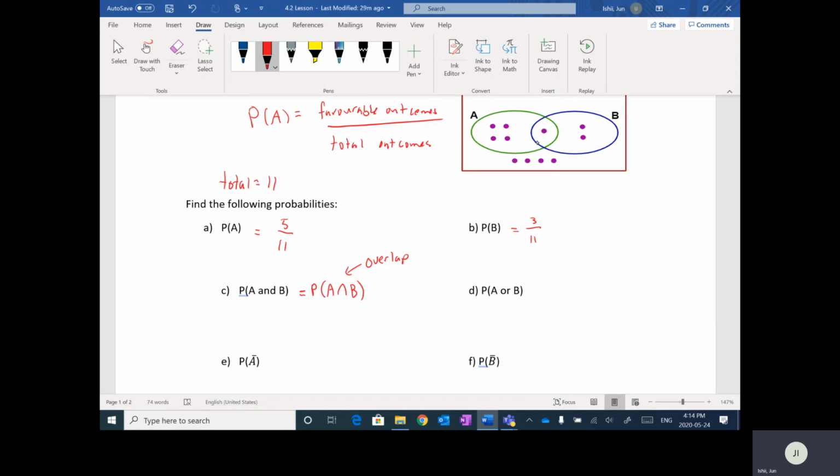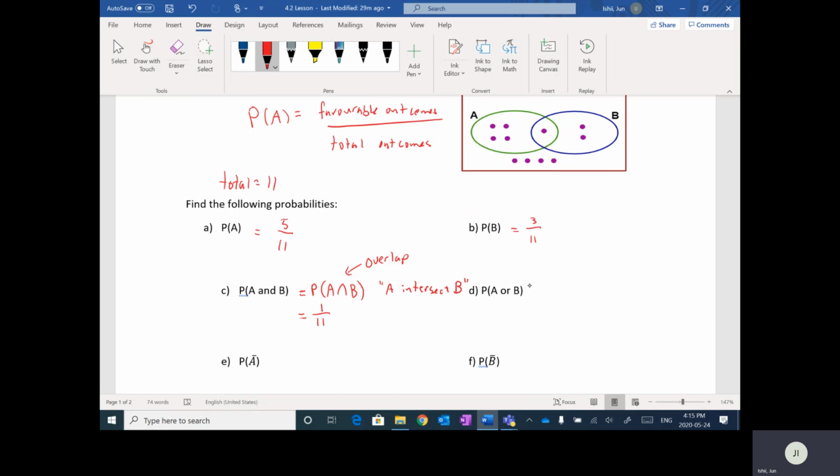In the diagram, there's only 1 dot overlapping between A and B. So this probability is 1 out of 11. That's how A intersect B is read. Whenever it says and, both are happening at the same time.